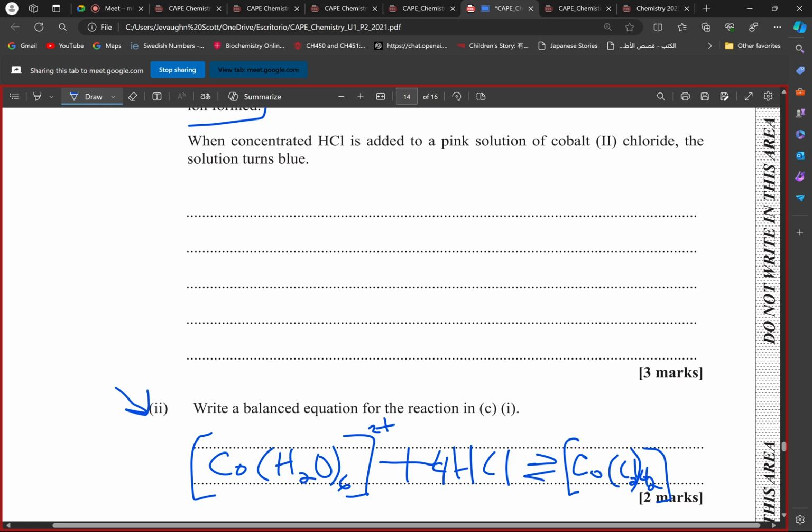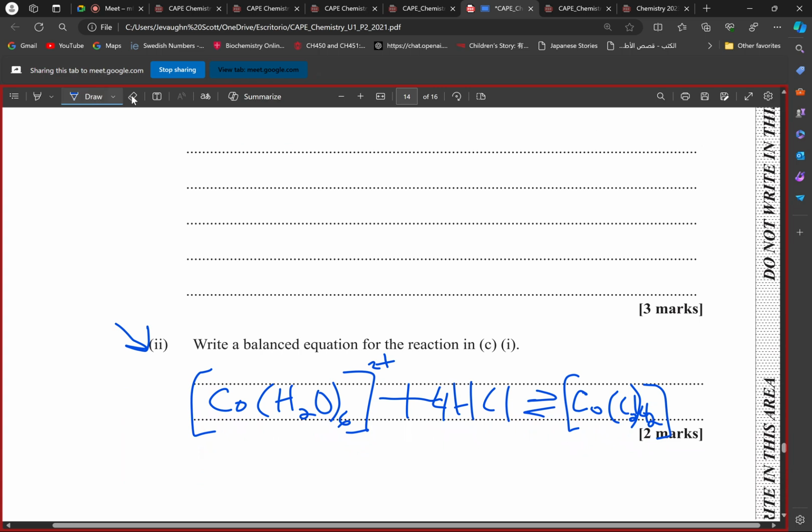Will it still be positive 2? Well, let me see, actually. Okay, I would believe that it's actually this reaction that they want us to do. So let us just add the chloride to it. In the case where we add the chloride to it, we allow the water to remain.